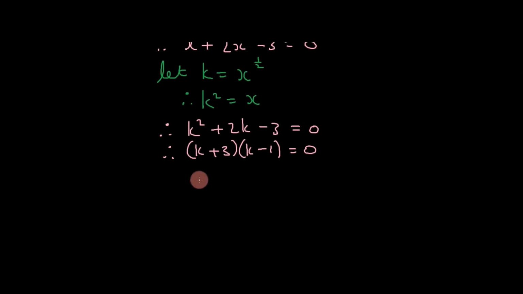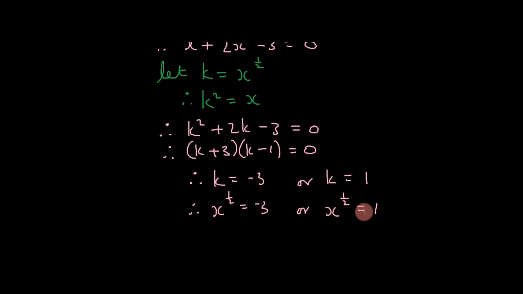And solving for k, we see that k is equal to negative 3 or k equals 1. We bring our x's back in. So x to the half equals negative 3, or x to the half equals 1. We can square both sides of each equation.